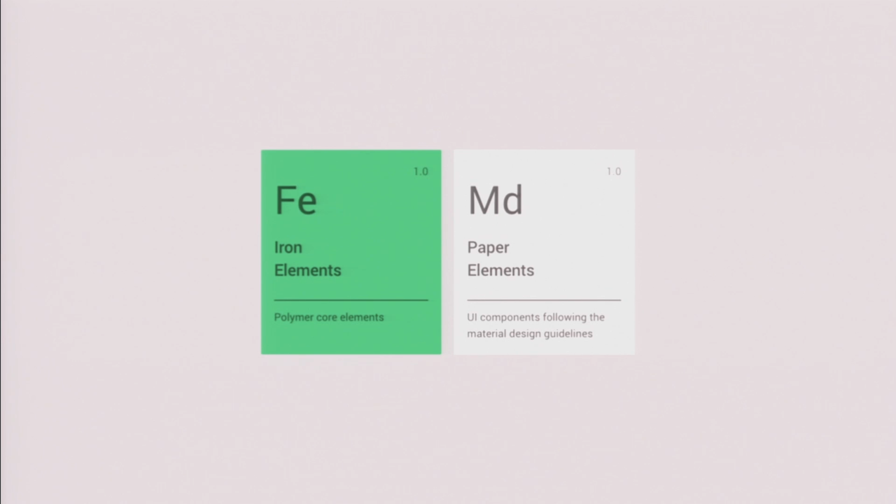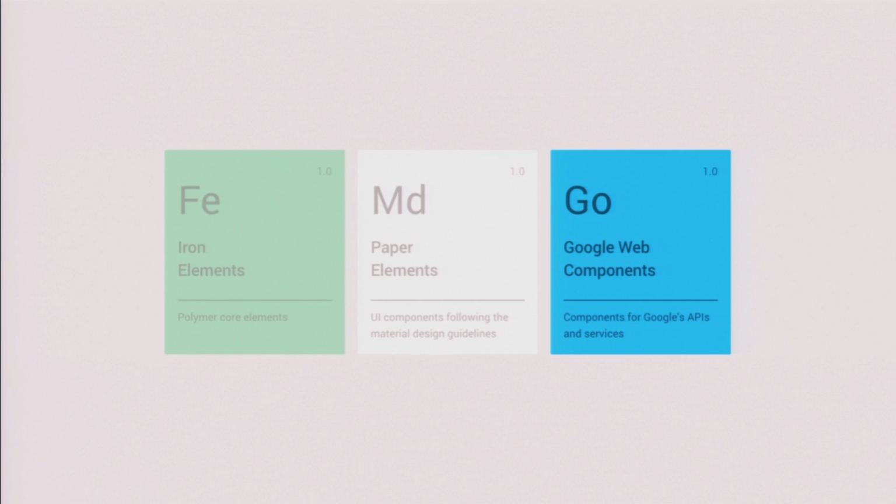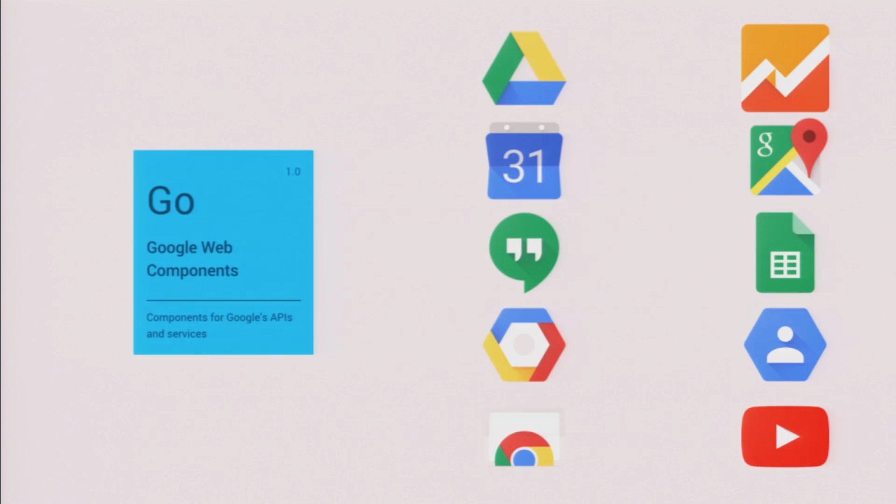So those are two of the element product lines, or element sets. But we're working on some additional ones as well, in different stages of readiness, let's say. One of which is the Google Web Components, which I guess is GO. We're trying to assign random symbols. Google has over 250 APIs that developers can use, things like Maps, Google Charts, Translate, YouTube APIs.